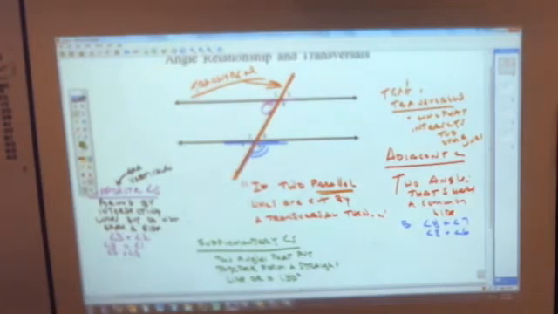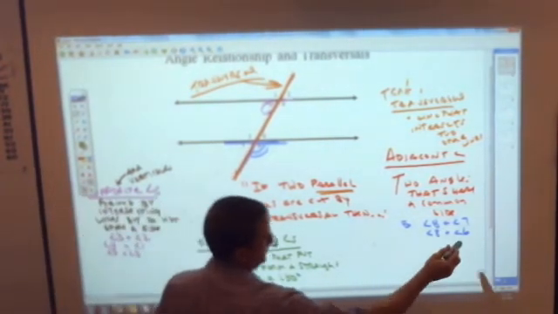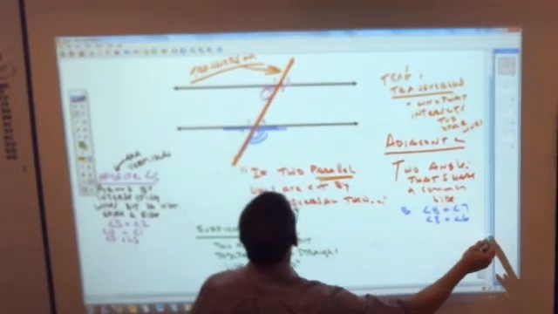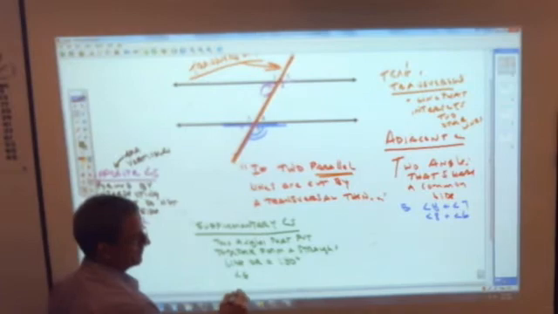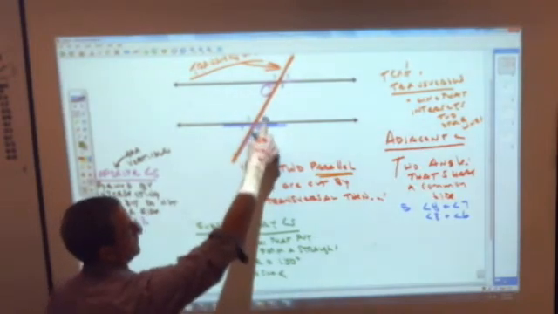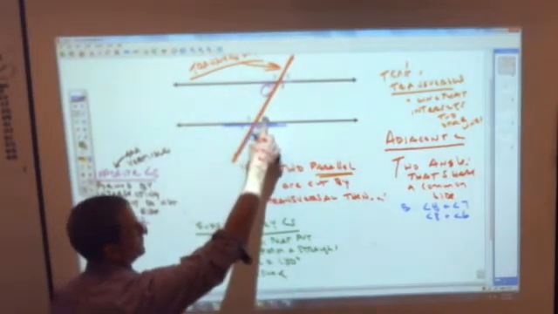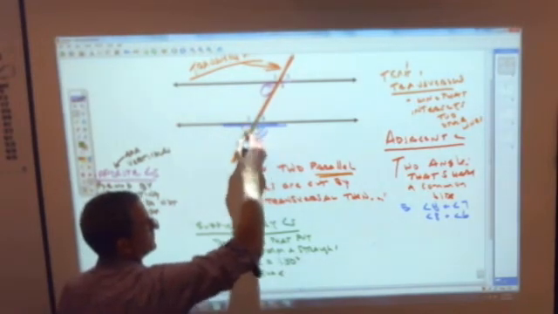Going back to my picture here, I'm running out of space. Angle 6 is supplementary to what? When you put 6 with what other angle do you get a straight line? 8. Angles 6 and 8 put together give you this straight line.